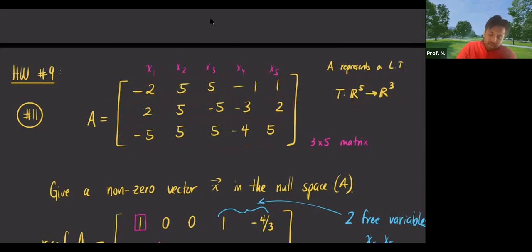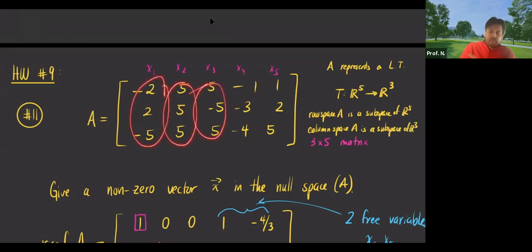Okay? So I should say this. The row space of A is a subspace of R5. And the column space of A is also a subspace of R3. But because these three column vectors here are linearly independent and they span R3, because you have three vectors that are linearly independent, you immediately have a basis for R3.